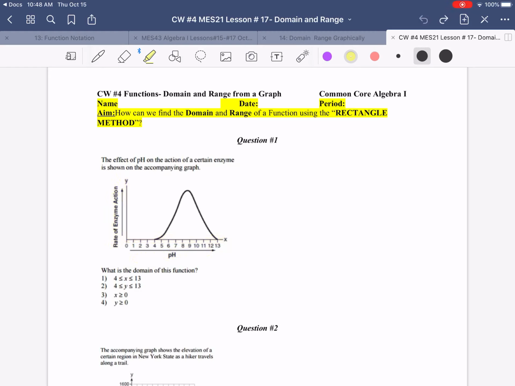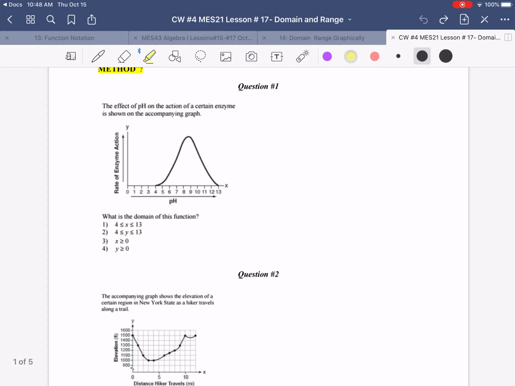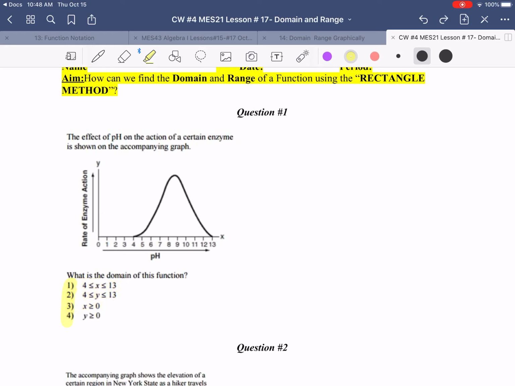If you need a minute to copy and the video is going, just pause the video until you're ready to move on. So copy this, and we're gonna work on it together. Under the graph, copy the question and the options as well. Like I said, pause the video if you need time.